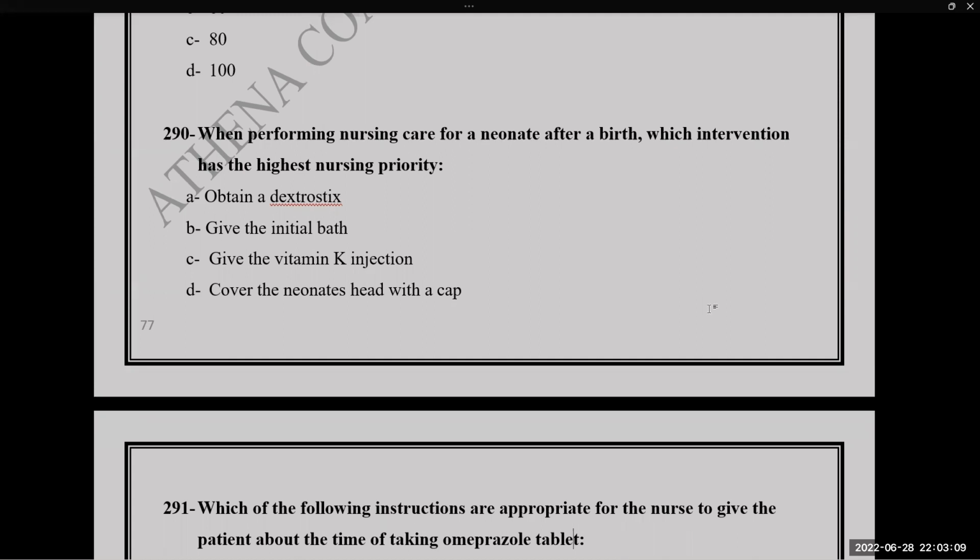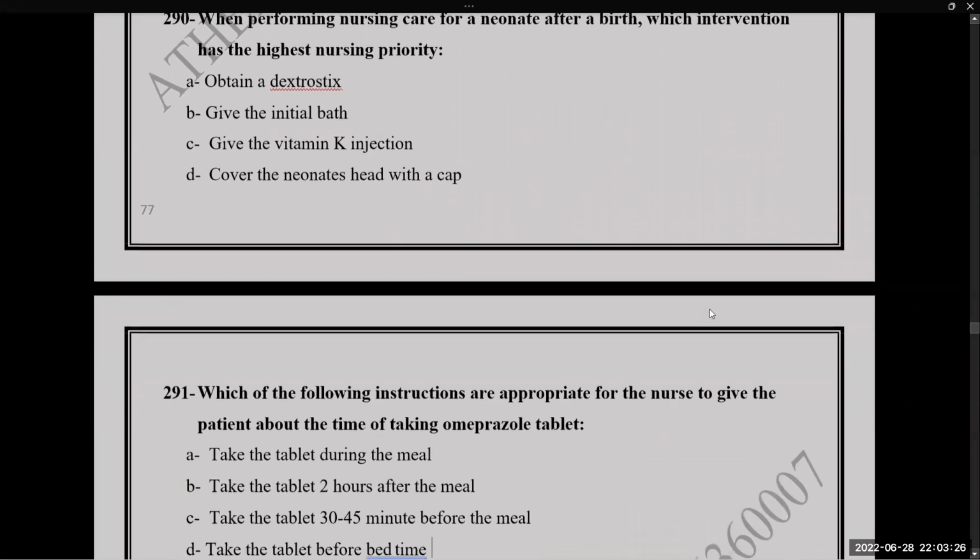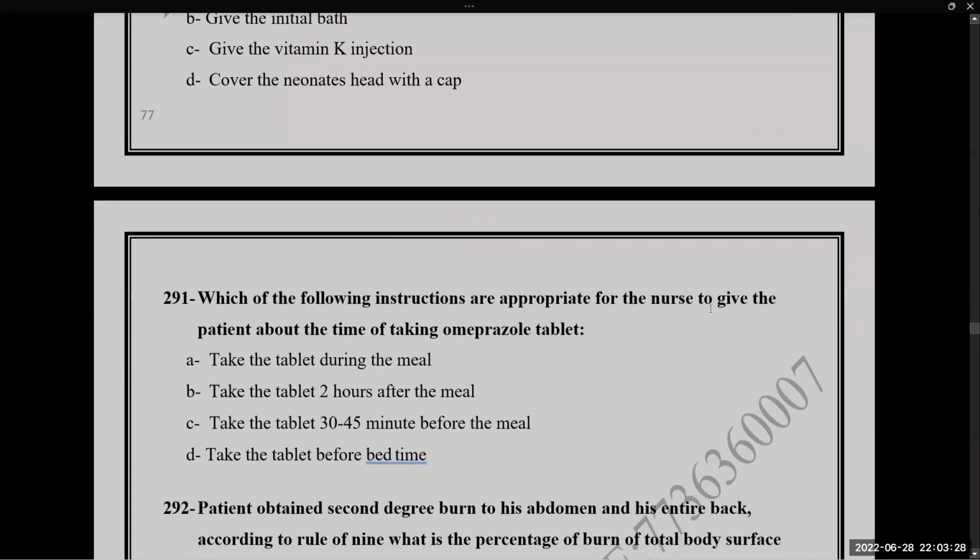But in case of newborn, flora bacteria are not matured enough to produce adequate amount of vitamin K. That is the basic reason why you need to administer vitamin K for newborn.